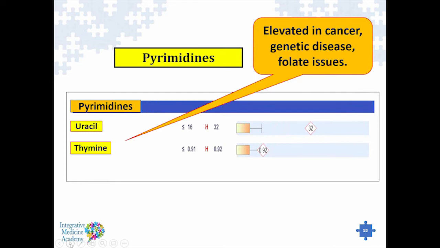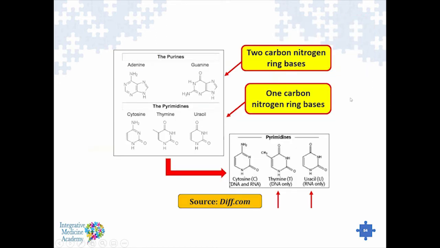It is elevated in certain cancers and genetic disorders as well. And it's interesting because these pyrimidines, mainly thymine and uracil, are strongly reflective of DNA and RNA activity. Thymine is specific to DNA, uracil is specific to RNA.